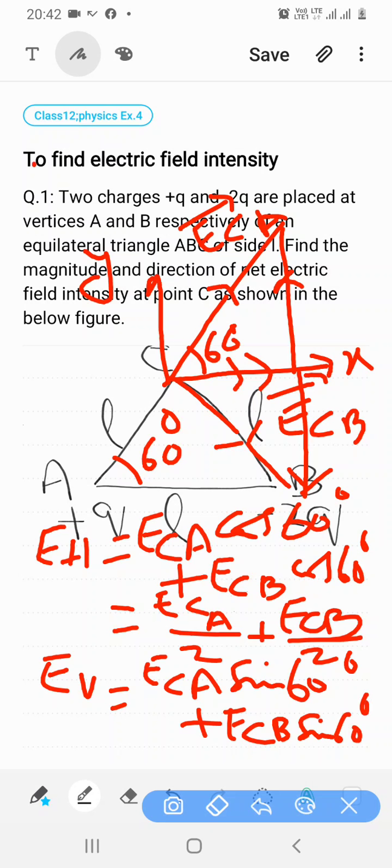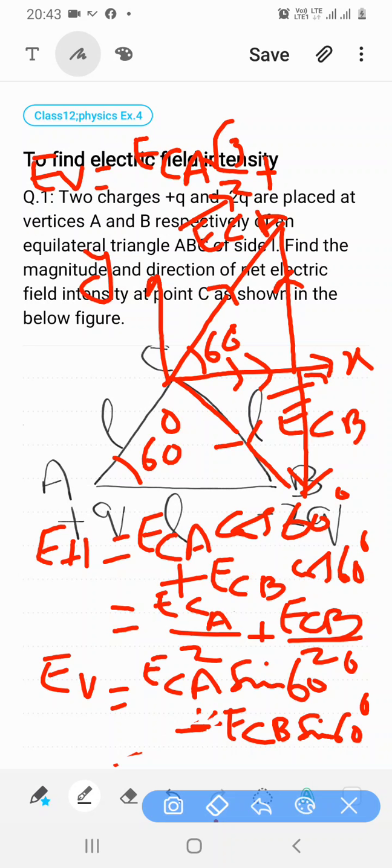So, I write here EV is equal to root 3 by 2 ECA plus... here it is not plus, here I put minus. For the total vertical component, I put minus sign because it is downward.